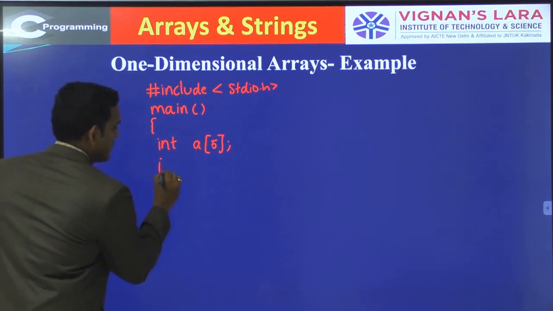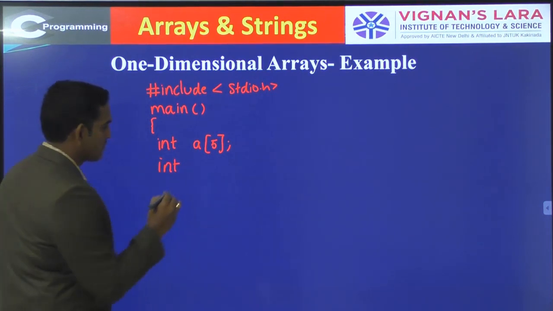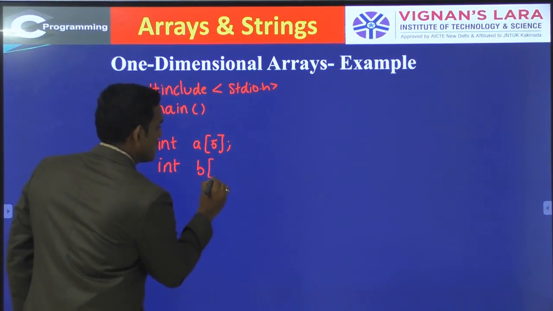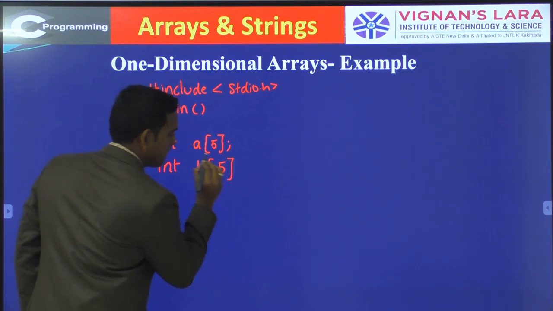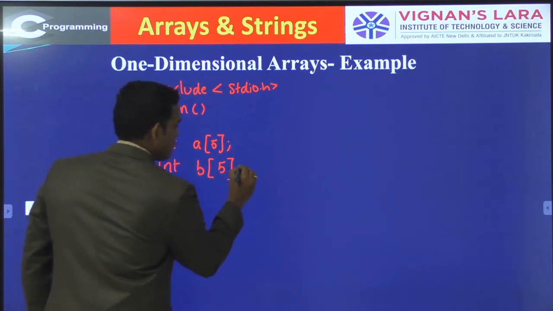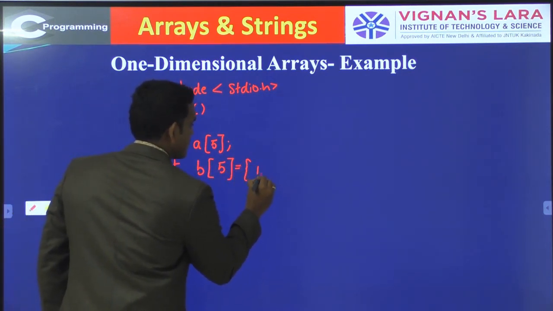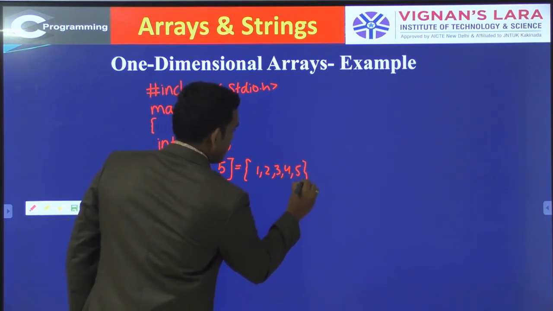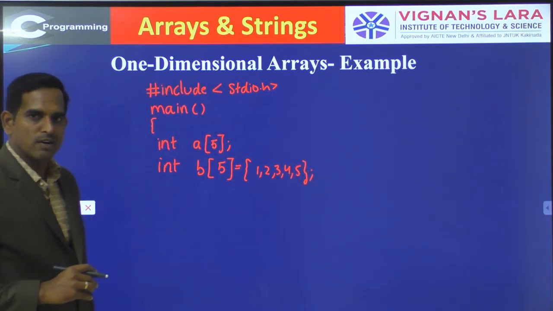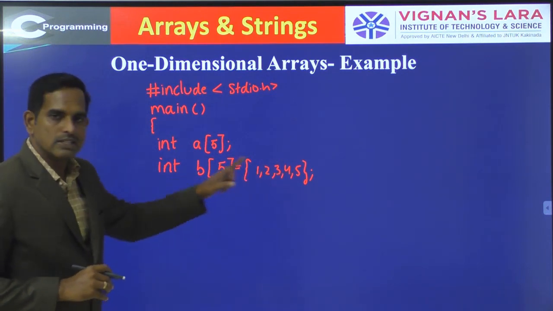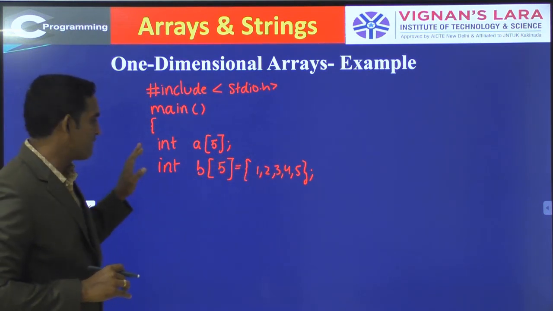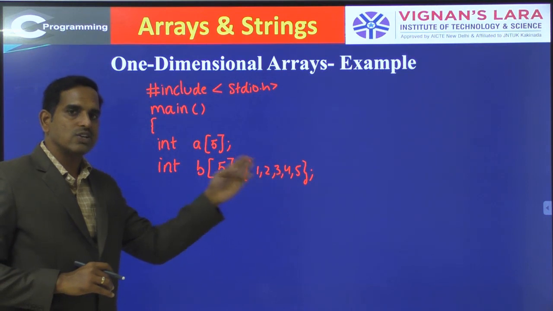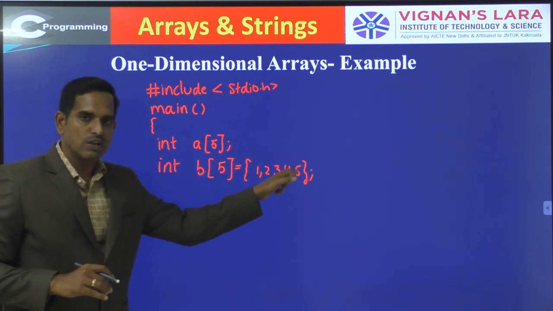In a similar manner, I can declare another array B. Okay, another 5 values. In this, I will be performing the initialization. This is another way to declare your array, where you are initializing your array with the values 1, 2, 3, 4, 5.